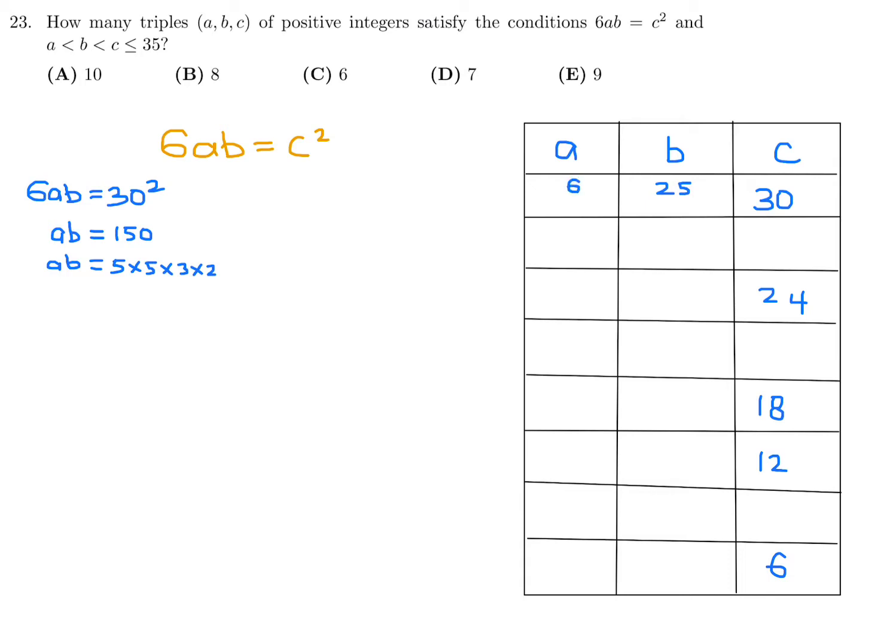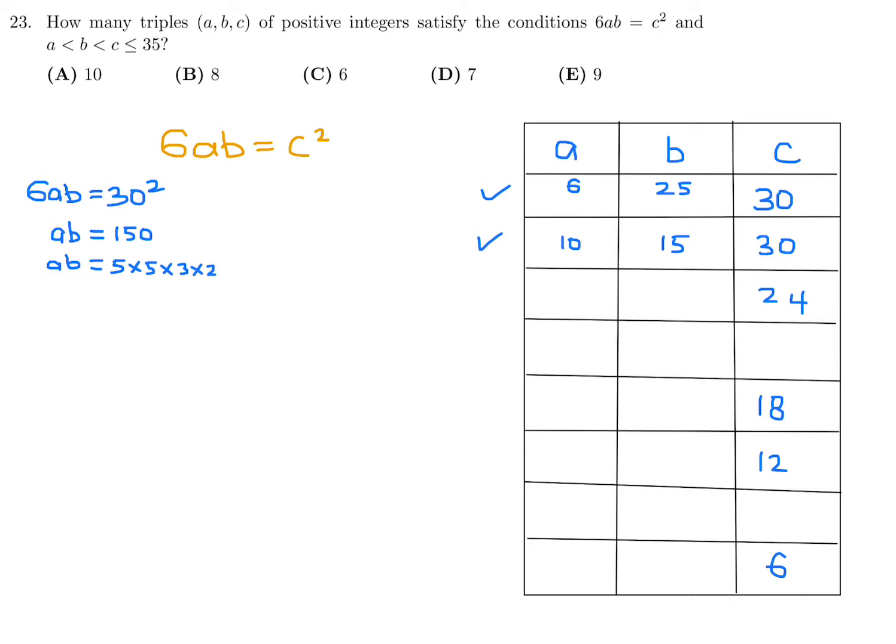Those two will work. And 15 and 10. So I'll write that over here, 15 and 10. These will be two triples that satisfy all the conditions of the question.